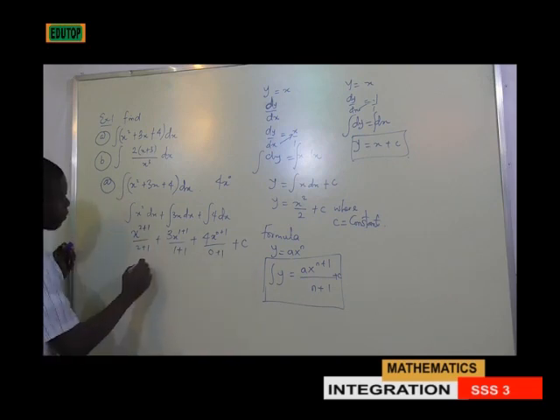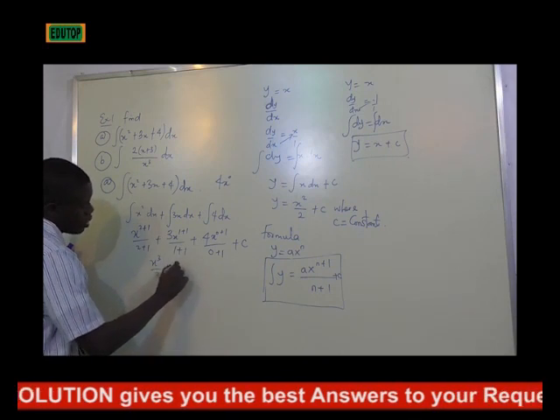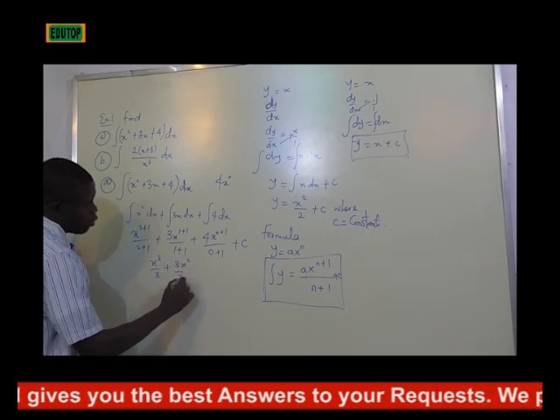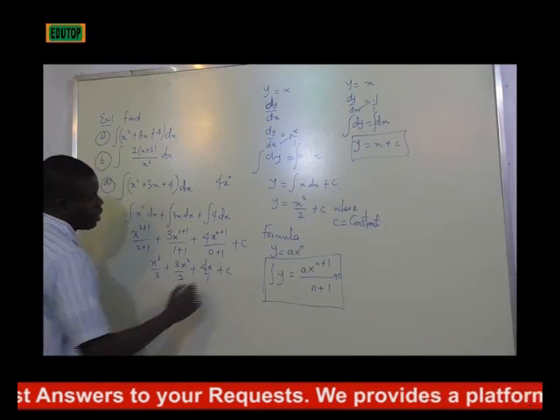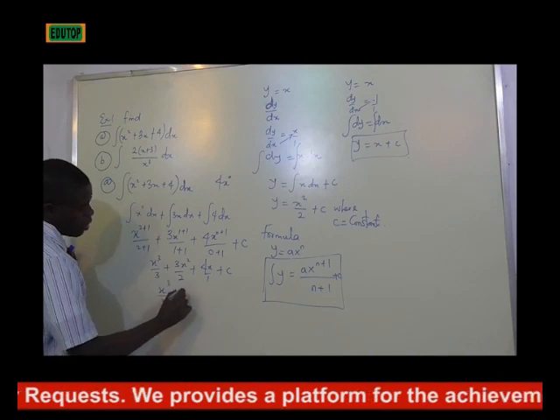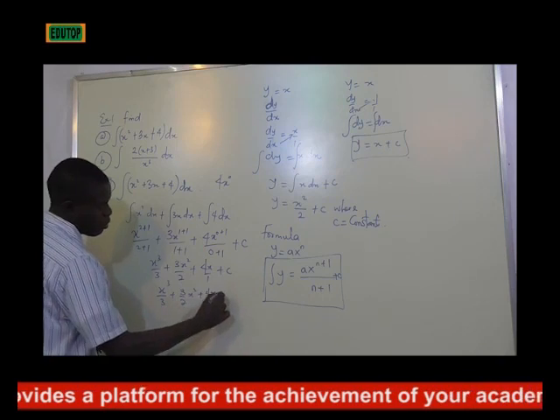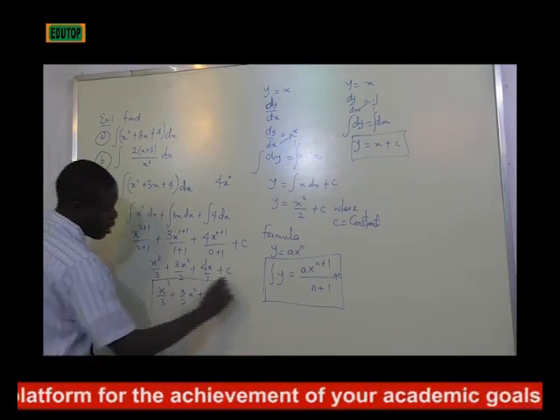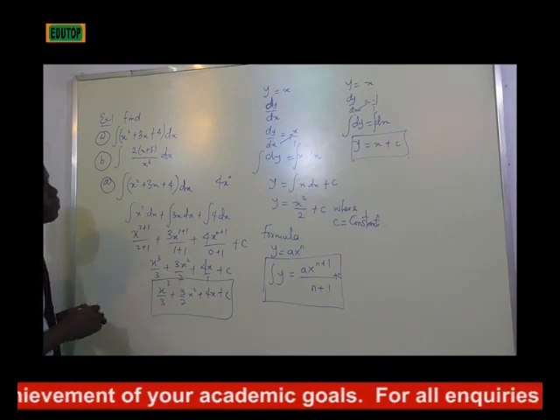So here we have x cubed over 3 plus 3x squared over 2 plus 4x over 1 plus c. So at the end we're going to have x cubed over 3 plus 3 over 2 x squared plus 4x plus c. So this is the answer for the first case.